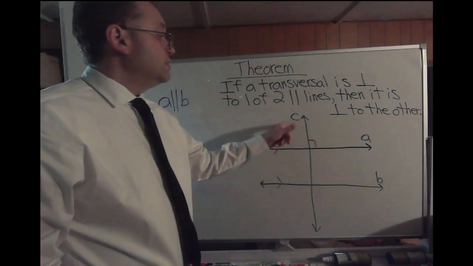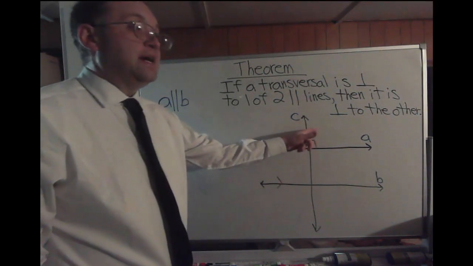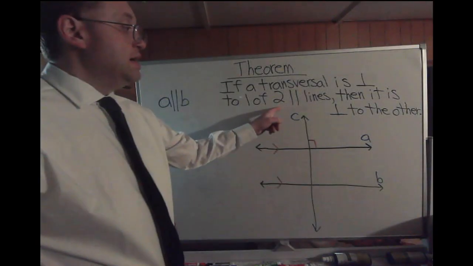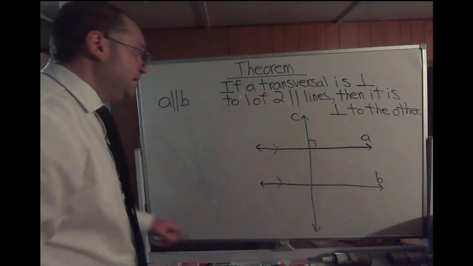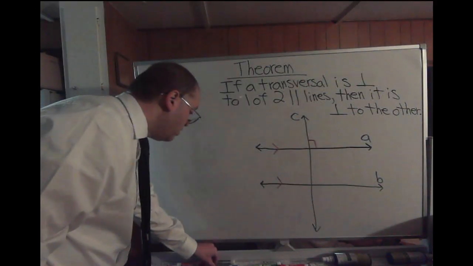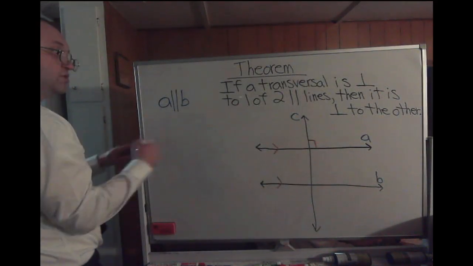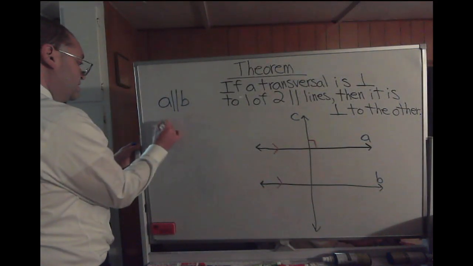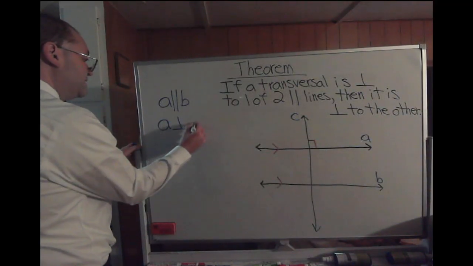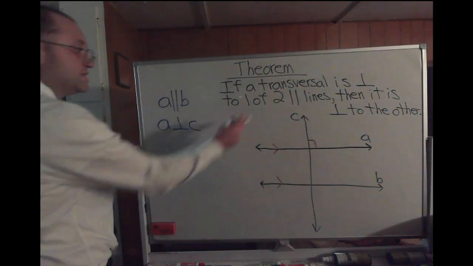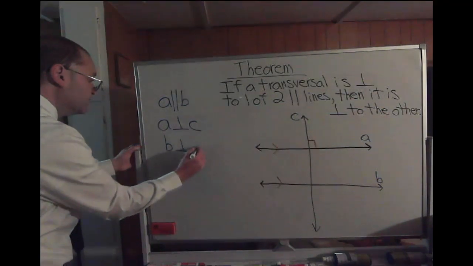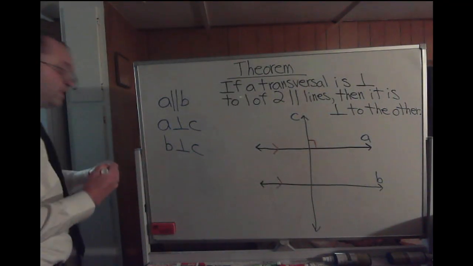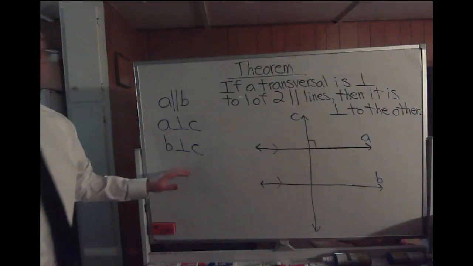We have line C is perpendicular to line A. Well, by this theorem, not only is it perpendicular to A, it would also end up being perpendicular to B. So we can establish here that A is certainly parallel to B, and then A is perpendicular to C. That was given to us. And then by this theorem, B is also perpendicular to C. So that's basically what this theorem is stating.